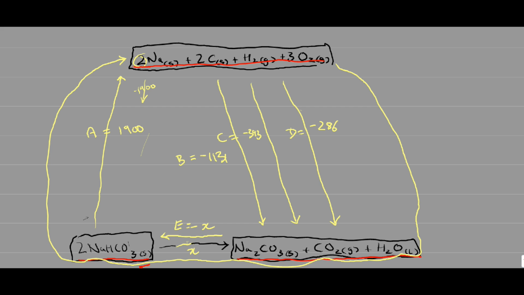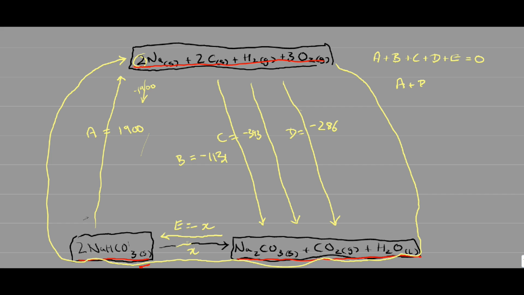I can now say A plus B plus C plus D plus E equals 0. So I'm going to subtract E from both sides.